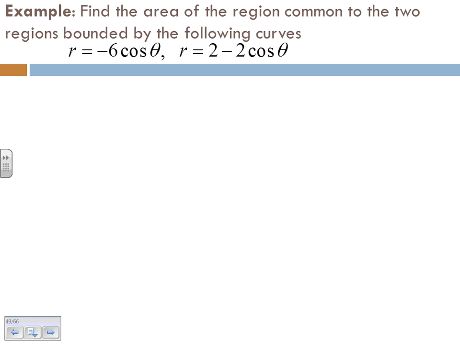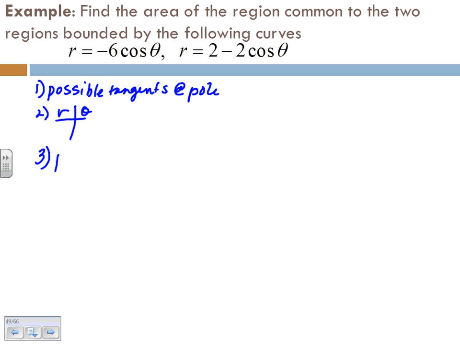So things you should be thinking about are the possible tangents at the pole, an r theta chart, and intersection points, or intersection theta values, I guess, in this case.